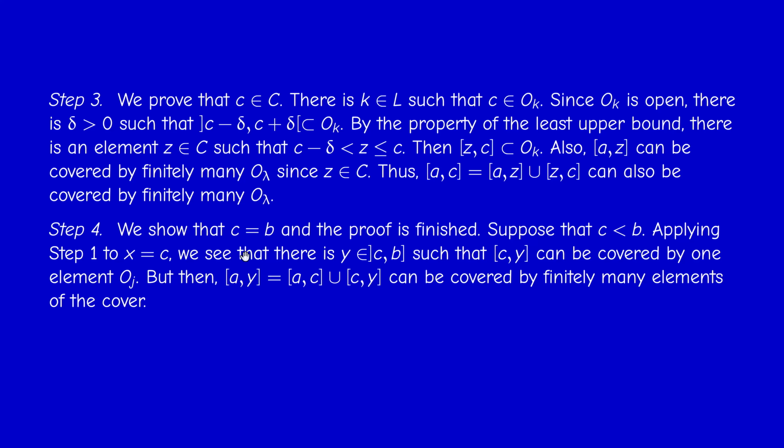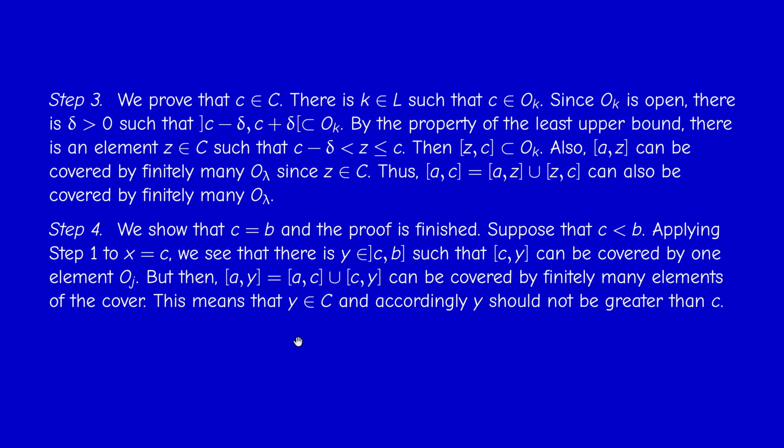And therefore, y belongs to capital C. But therefore it should be less or equal than C. But it's a contradiction because y is strictly bigger than C. So C cannot be strictly less than B, and therefore C equals B, and therefore B belongs to capital C, and therefore the closed interval AB can be covered by finitely many elements of the covering. And that's it. So this concludes the proof. Therefore, any closed interval AB of the real line is compact according to our definition.